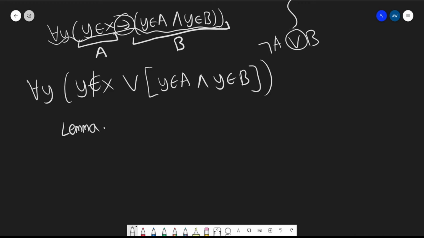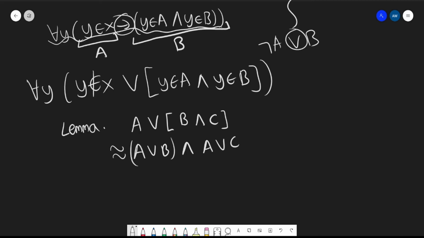The lemma is, if we have a proposition A, or, in brackets, B and C, then this is equivalent to, in brackets, A or B, and, A or C. And to prove this lemma, it's not too hard. You just have to make a truth table, and I'll leave you to fill in the details.